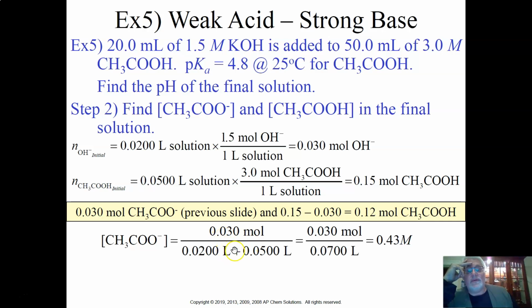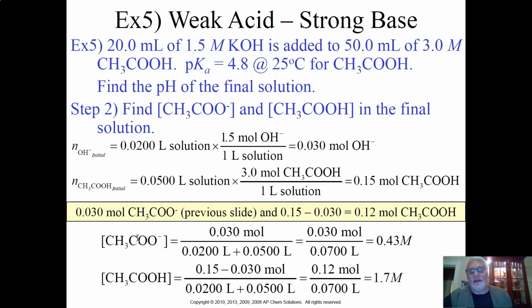So the moles over the total liters is that many moles, and you divide those out and you get 0.43 molar is the acetate, which is the negative ion here. And if you want to figure out what the acid was, you have to take that original concentration minus the 0.03.